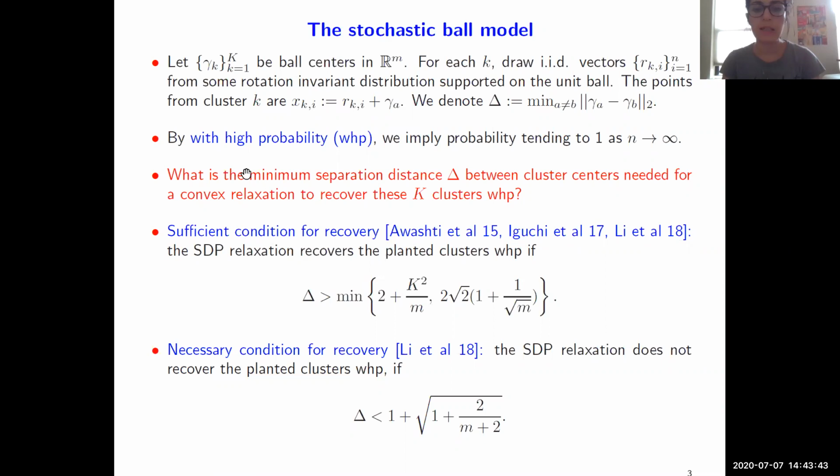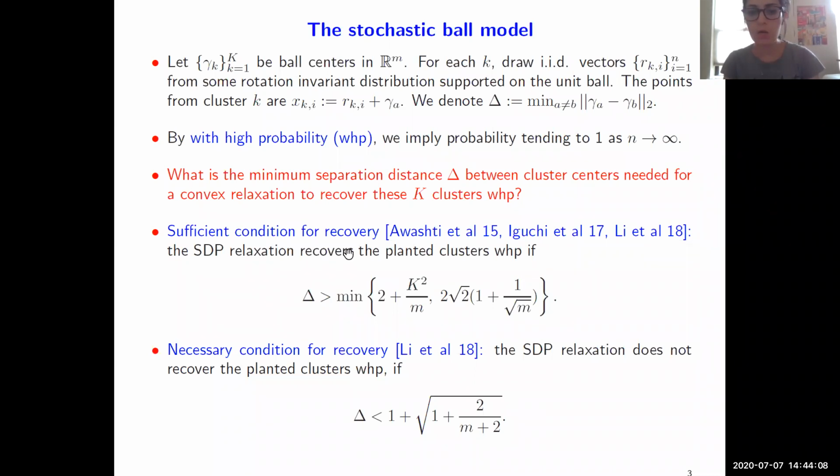Basically they say the SDP relaxation recovers the planted clusters with high probability if delta is bigger than 2 plus k squared divided by m. Another paper shows it's 2 times the square root of 2, times 1 plus 1 over square root of m. So these are 2 of the guarantees. There's another one. None of these dominates; more or less they dominate each other in different regimes.